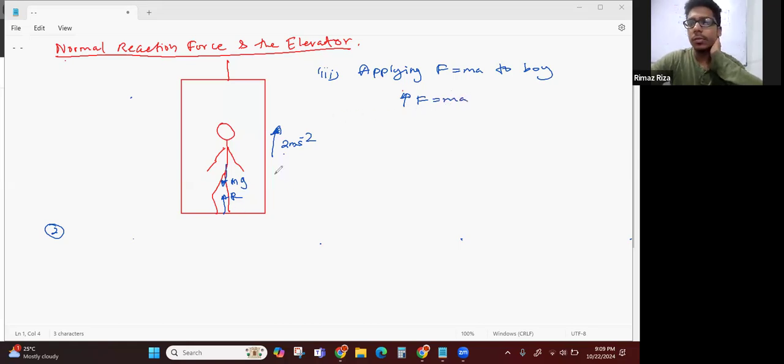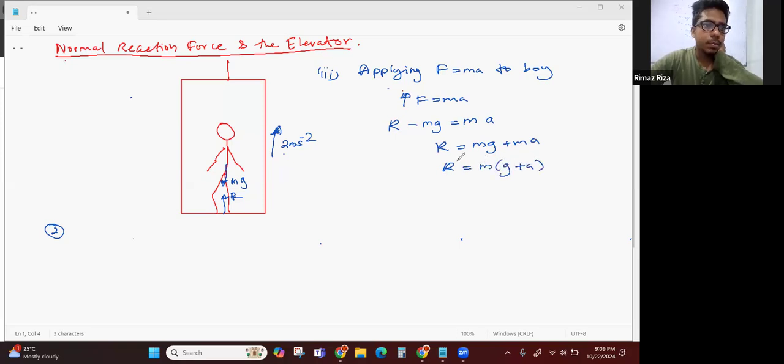The vertical forces acting on the boy are only the normal reaction force and mg. The normal reaction force R is vertically upward, but the weight is downward, so R minus mg equals mass times acceleration. Therefore R equals mg plus ma, so R equals m(g plus a).